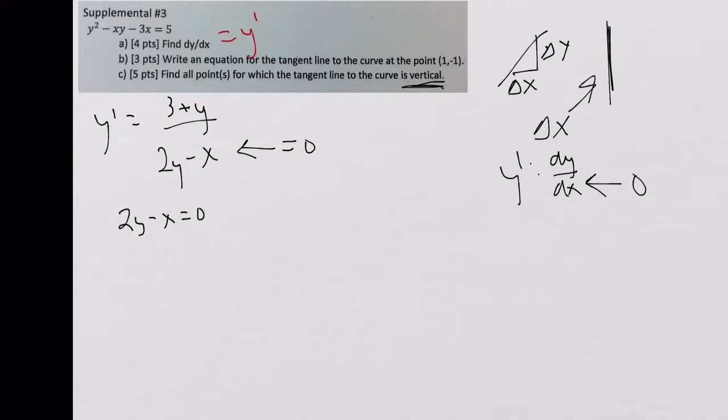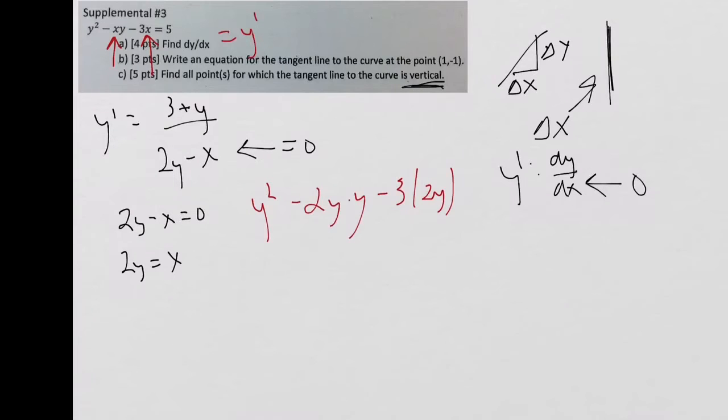So if I move the x over, I get 2y is the same as x. Then what I can do is take this guy up here, but change that to a 2y and that to a 2y. So I'm going to get y squared minus 2y times y, and then minus 3 times 2y, and then that's equal to 5.